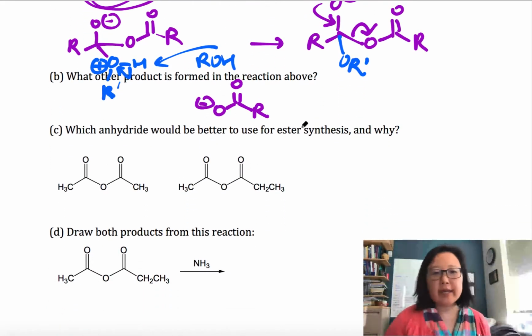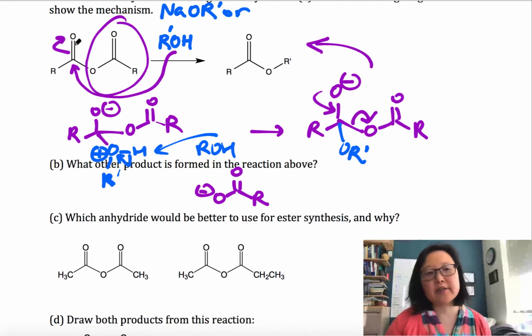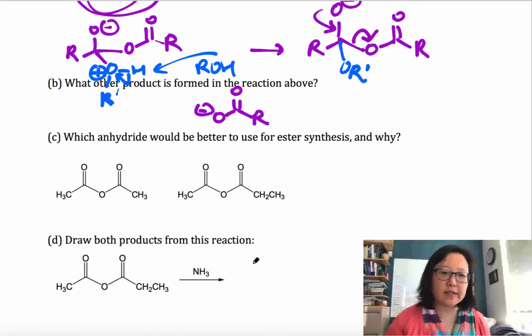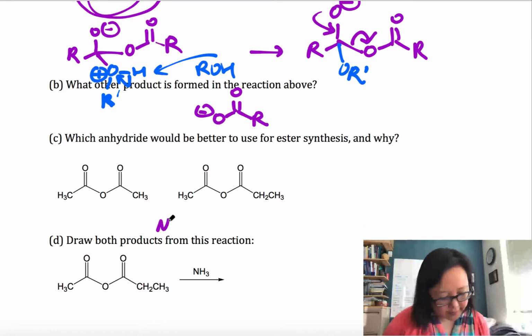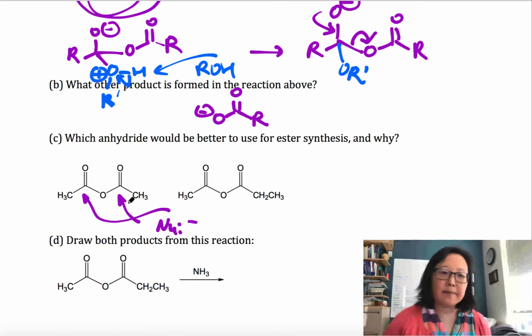If you are using an ester, let's say you're interested in doing an ester synthesis, which anhydride would you rather start with? I think you guys know that if I had a nucleophile, there's lots of choices for where this nucleophile attacks. So it could either attack here or it could attack here. So in this case it doesn't matter where, because either way you end up with a methyl group on there.